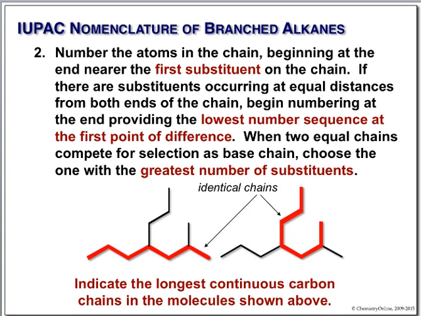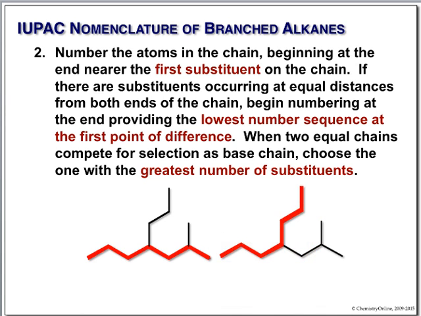We have a methyl group on the second carbon of a 3-carbon chain, and on the 4th carbon. Those two are identical. There's another way we could do this: 1, 2, 3, 4, 5, 6, 7, with this as a substituent.